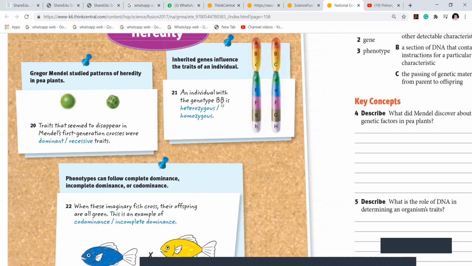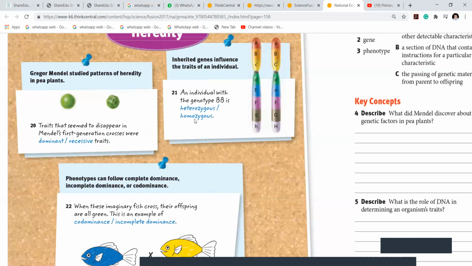An individual with capital B, capital B, both are same. Is it called heterozygous or homozygous? Both are capital. What is it called? B and B. At least try and say heterozygous or homozygous.